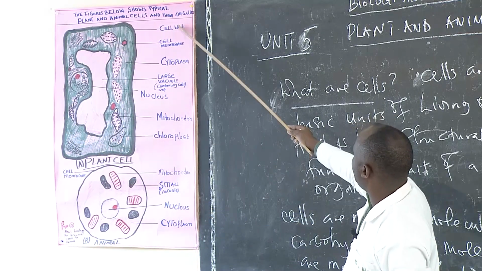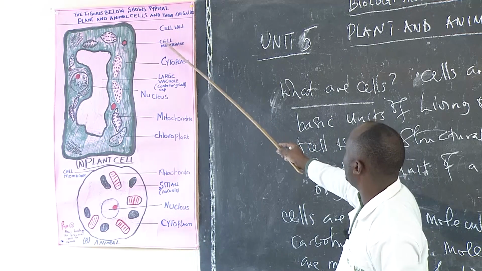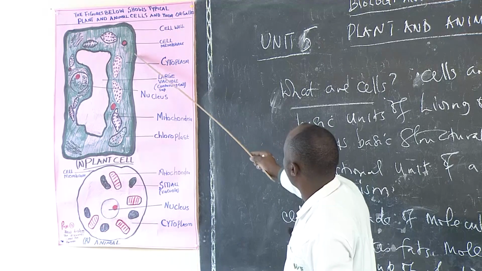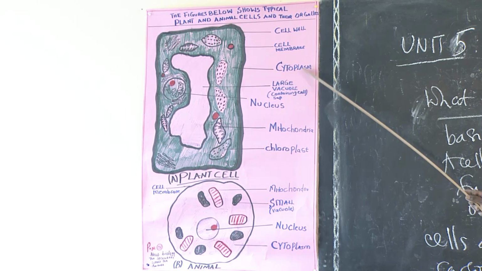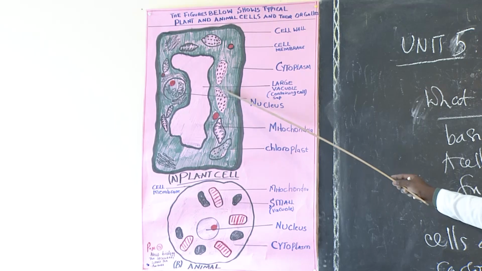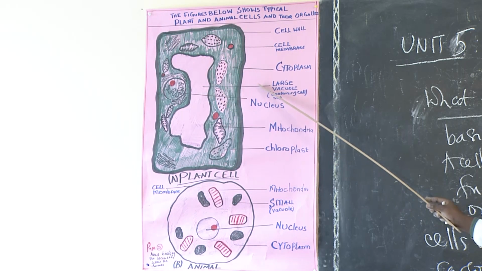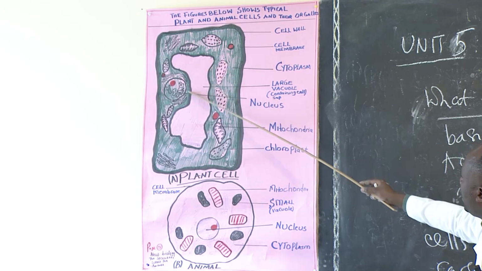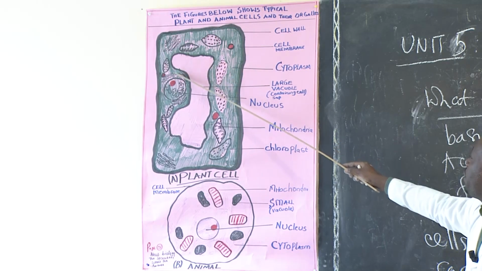So let us see the structure of the plant cell. We have the cell wall. We have the cell membrane. The cell membrane is next to the cytoplasm. I said the cytoplasm is a gel-like fluid which contains material that supplies the cell so that it can survive. We have a large cell vacuole, which occupies the central part of the plant cell.